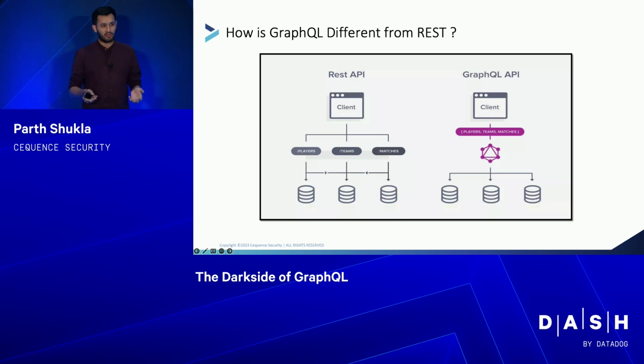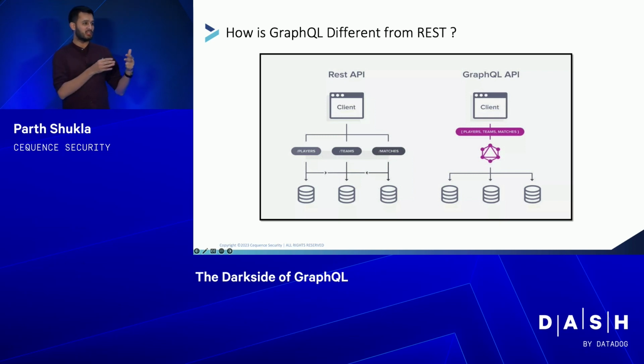When it comes to GraphQL, it's literally simple. Data of all those endpoints would be there in one single call, and you just give the client what they're asking for. So let us say you have GraphQL enabled, and you made these three calls and you got the data for players, teams, and matches.